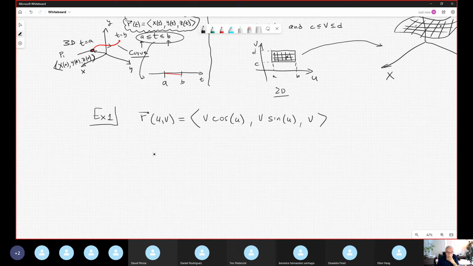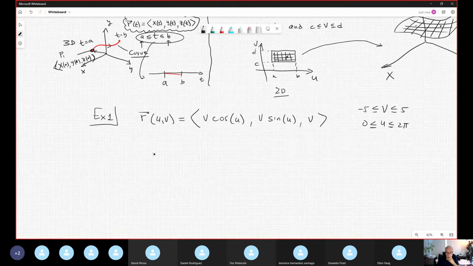And the domain of this is, for example, b varies from -5 to +5, and u varies from 0 to pi. It is logical that u, that parameter, is an angle, because it's inside the argument of the trigonometric function. And b is supposed to be a distance, not radians, centimeters, inches, whatever.